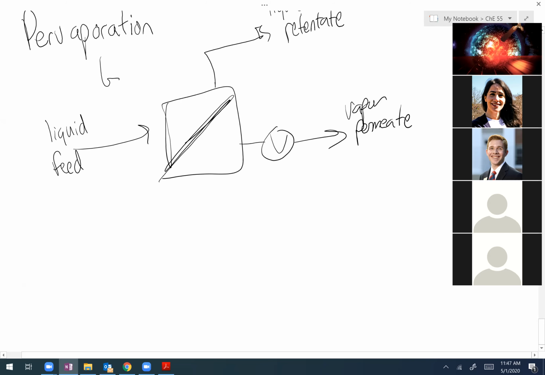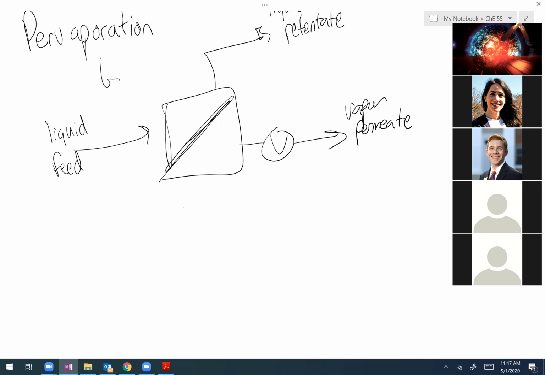So we have two things happening here: vapor-liquid equilibrium mixed with a membrane separation. Either our feed is warm so we can get appreciable vapor pressure, or we have a vacuum driving force.